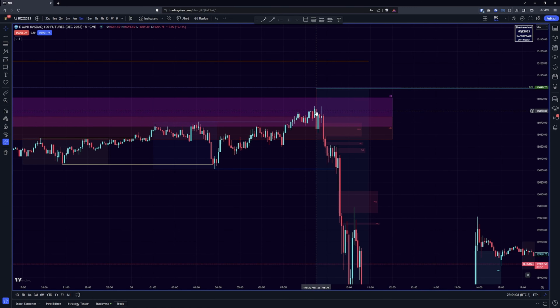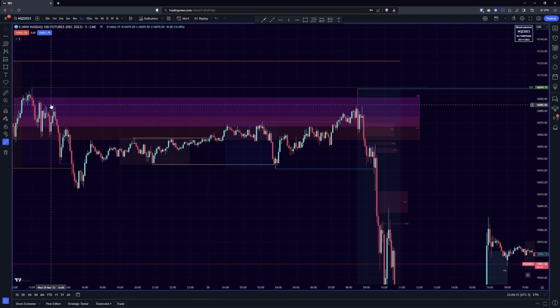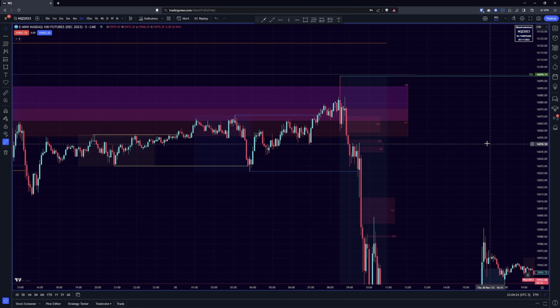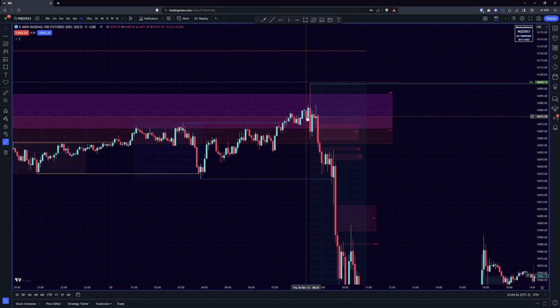So this volatile candle here, which was the 8:30 news, went for buy side first, took a couple of these highs here, so that's great. And then immediately closed under the up close candle here.